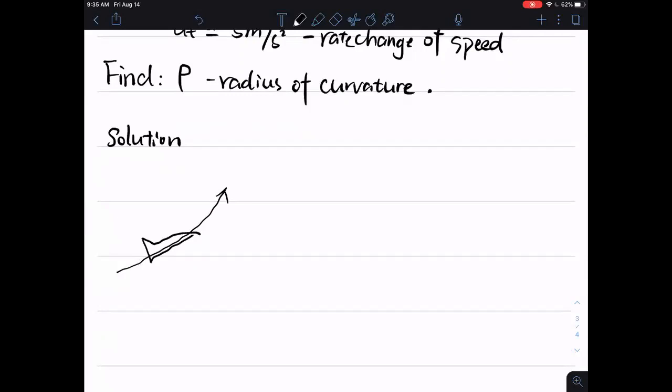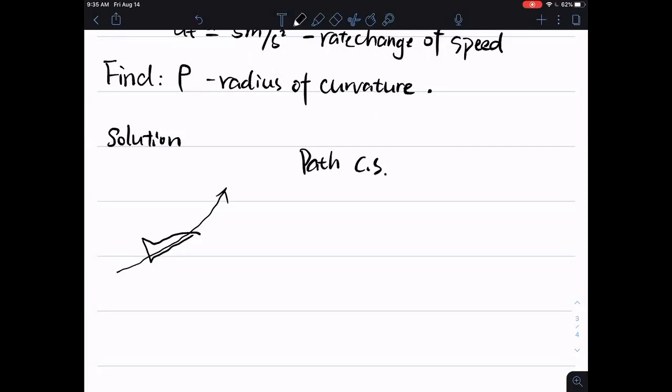Okay, let's look at this together. This is the same deal as your homework example. So once you have the given and find, now you need to have the solution. The first thing in the solution is to define what coordinate system you want to use. As we discussed, we want to use the path coordinate system.